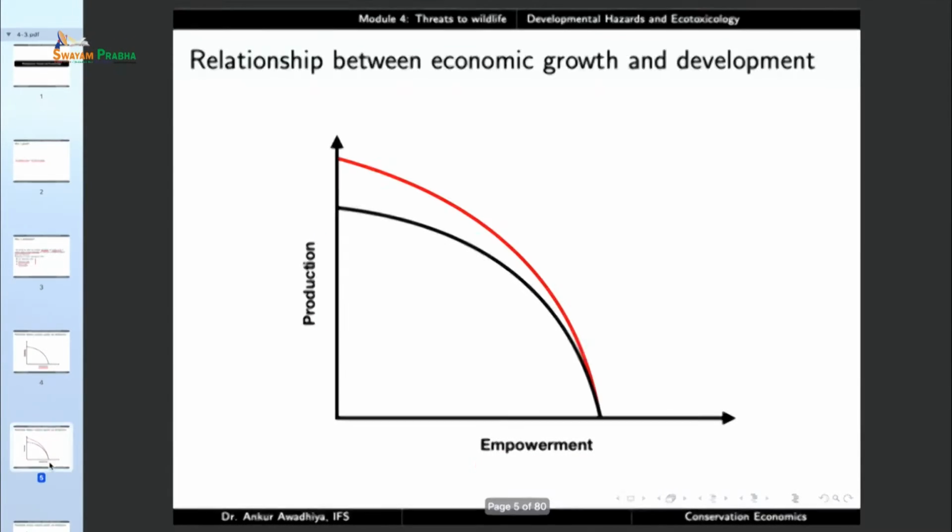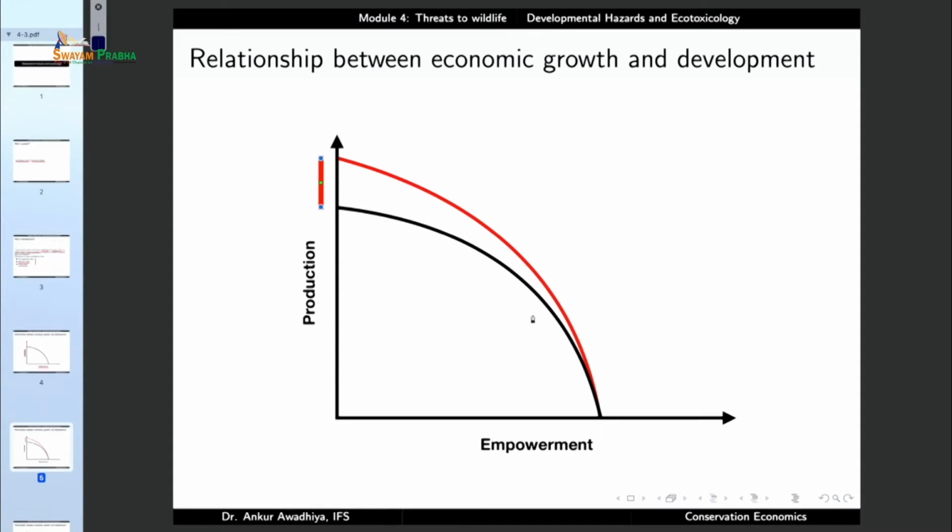So, when we talk about economic growth, we say that the production is increasing. This is how the production possibility frontier will look when the production increases. Now, when the society shifts from the black curve to the red curve, then the amount of production in the economy has gone up, but the level of empowerment has not changed.